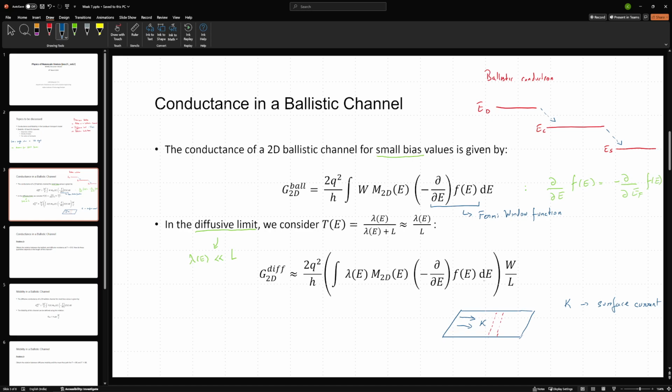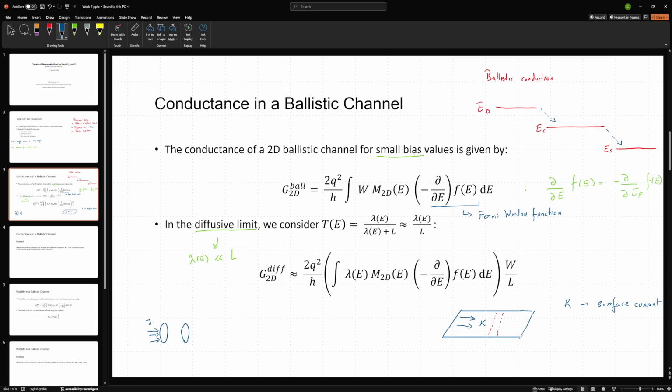Over here, what we have is the length and the width. When I have a 3D channel, I will be looking at two cross-section areas and the flux going in.